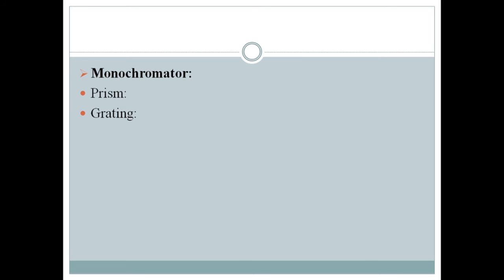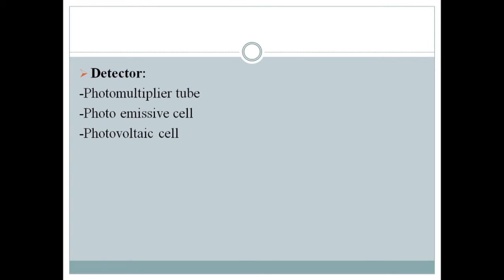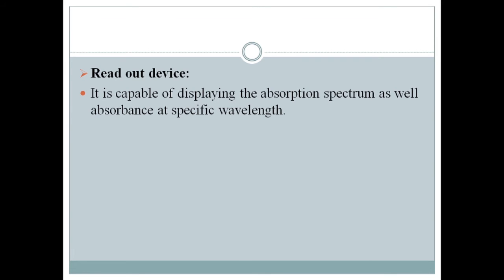The grating is essentially a series of parallel straight lines cut into a plane surface. Then there is a detector, then a readout device, which is capable of displaying the absorption spectrum as well as absorbance at a specific wavelength.